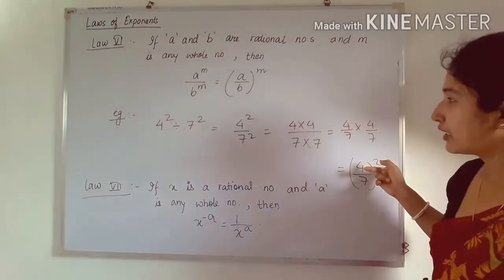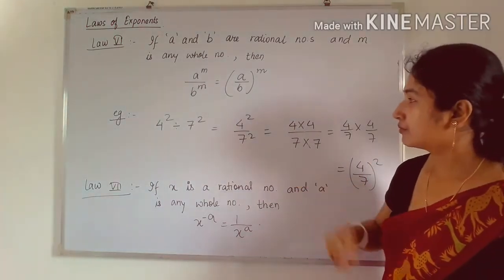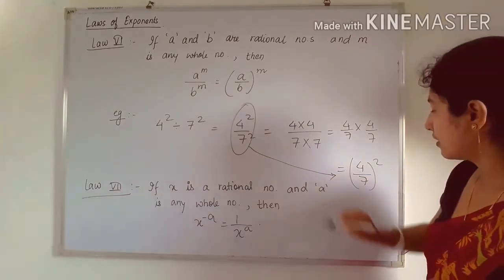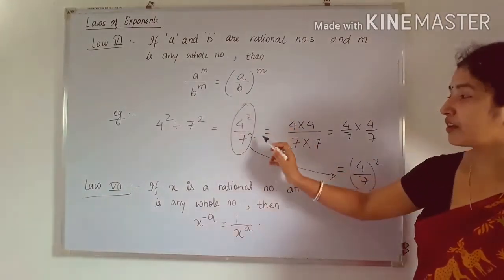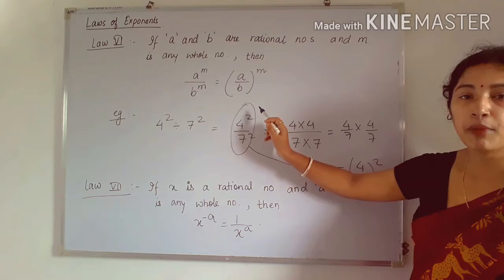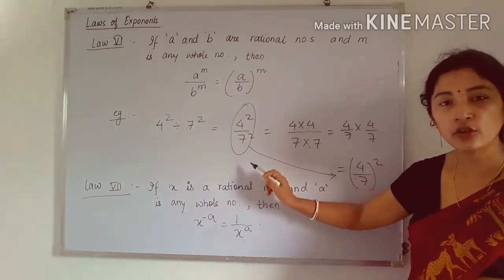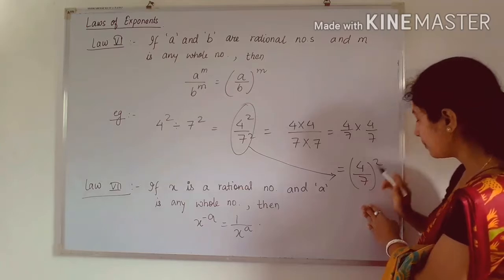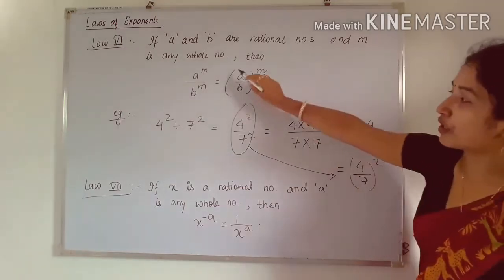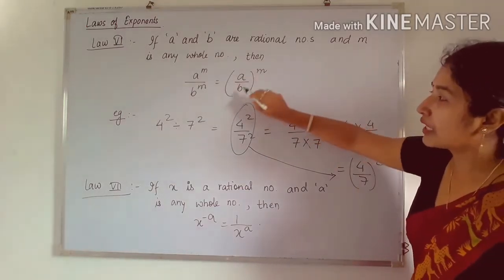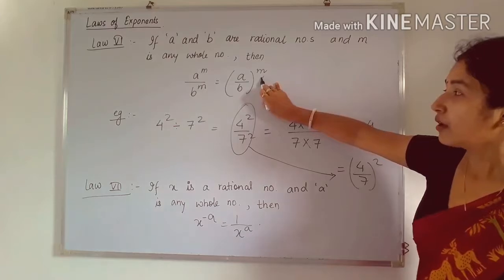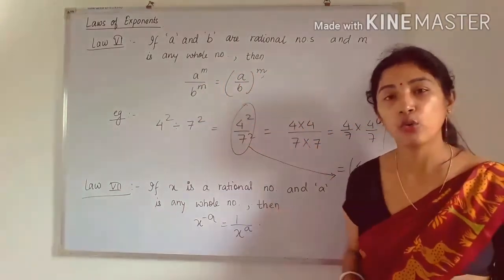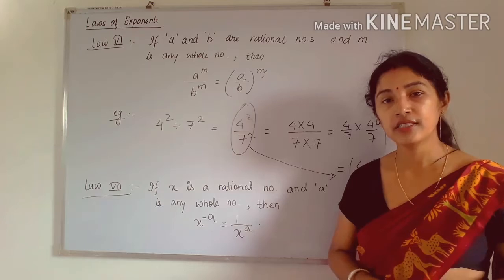So if the power in the numerator and the denominator are same, then we can write the power as common. In this law we are taking the power as common, because the power is same in the numerator and denominator. So we can write a whole bracket and the common power.